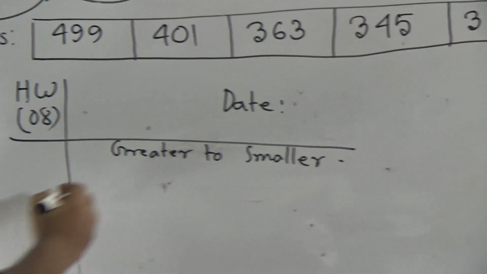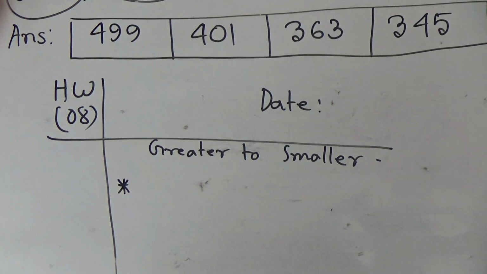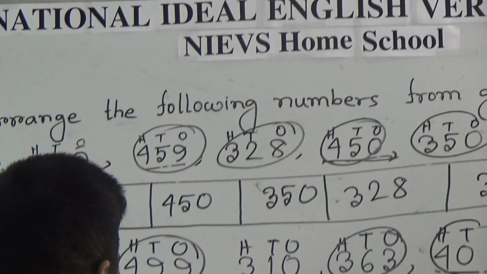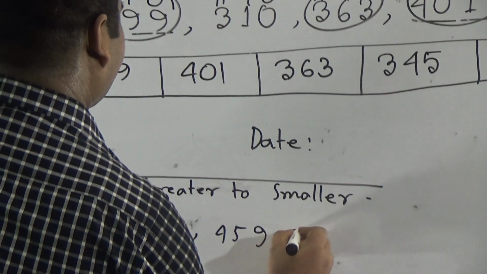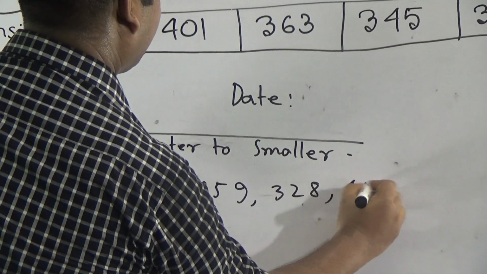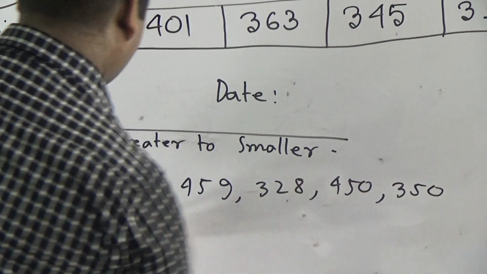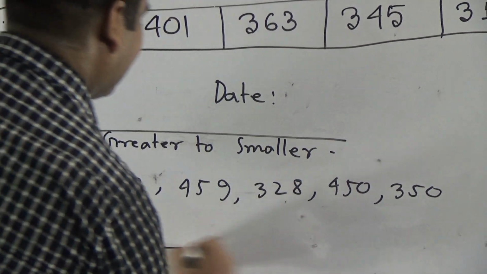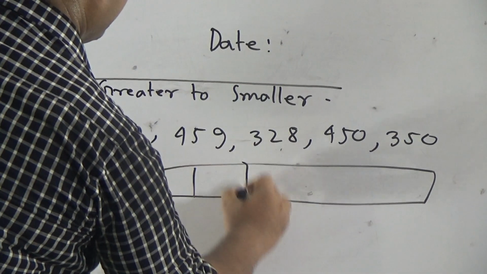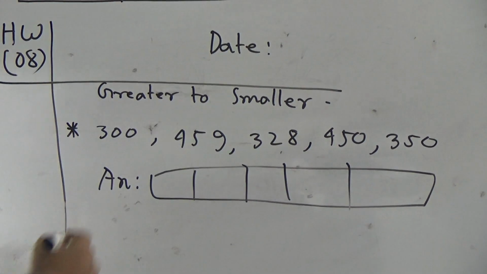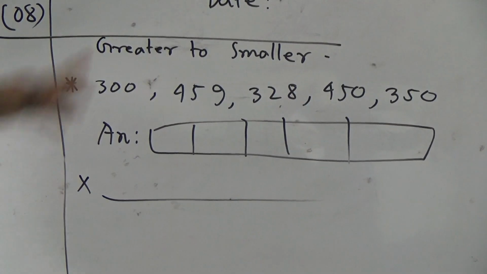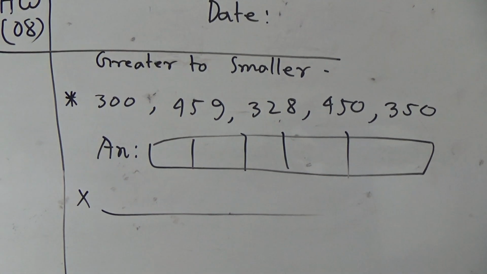After that you write the questions. Here suppose the question is 300, 459, 328, 450 and 350, and then you write the answer. Okay, and next, just like this you do your SW.